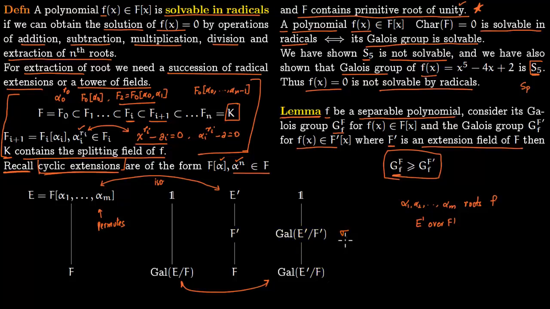Its full action is here, so this sigma naturally carries over to here. Here it does not have the total freedom to permute all possible roots because some roots might be contained in F prime. Here it has full possibility, and that is what we are saying. So this portion is this part, the Galois group over F prime, and this portion is this part.